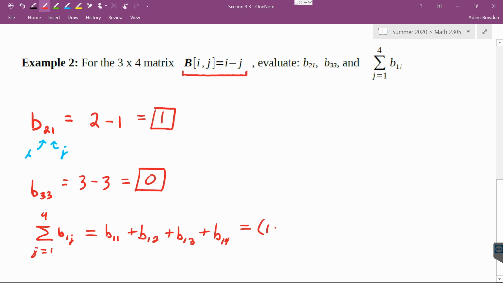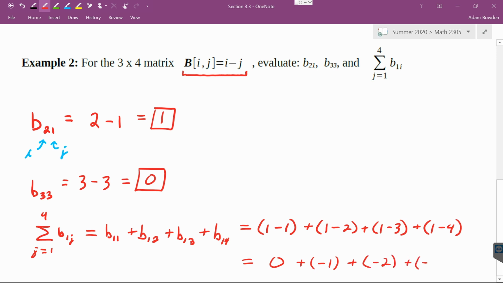So the first one would go 1 minus 1, then we'd have 1 minus 2, 1 minus 3, and finally 1 minus 4. So that would be equal to 0 plus negative 1 plus negative 2 plus negative 3. That would all equal negative 6.